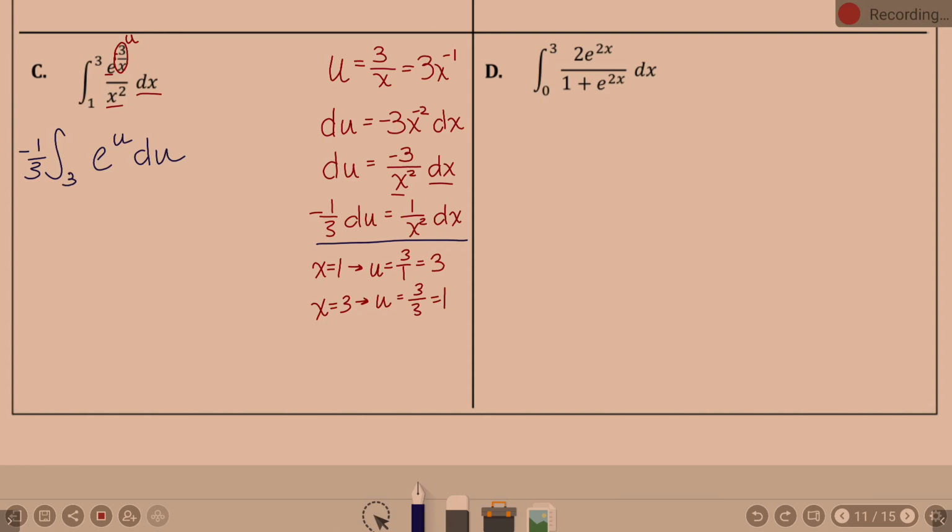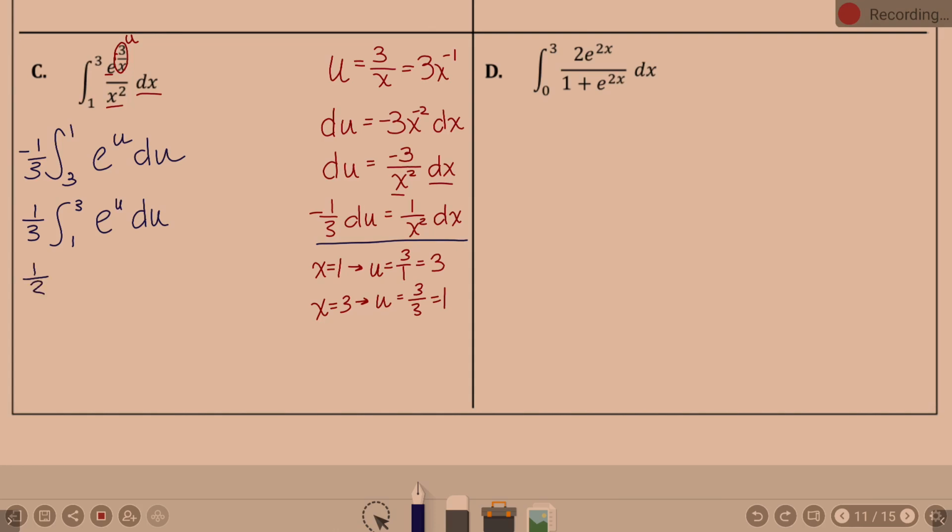My boundary that was 3 is now 1. And if you want, you can flip. There's a nice convenient way, it gets rid of the negative, so it becomes positive 1/3 times the integral from 1 to 3, e to the u du.